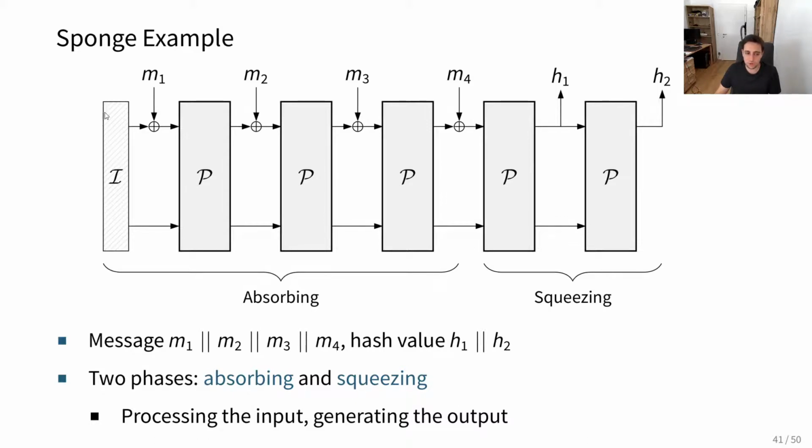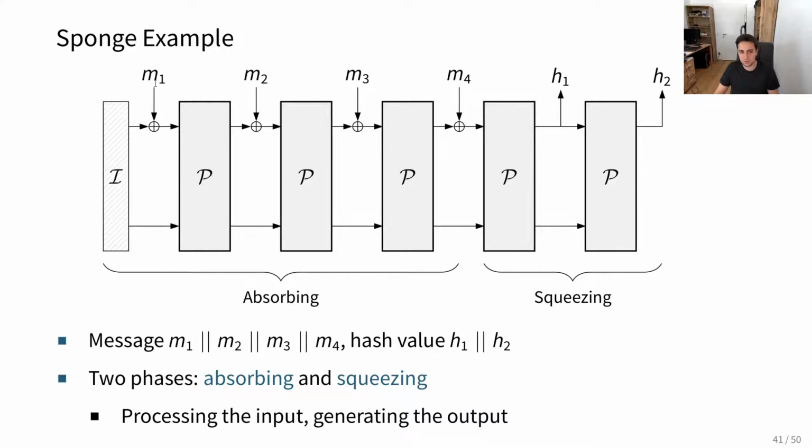Now let's say we have two branches and we split this all zeros value in two parts. We'll see this later. But essentially what we do is we add some message parts here before the permutation call, and ignore for now that we have a branch here and a branch here. Just see the fact that we add one message part between the all zeros value and the permutation call.